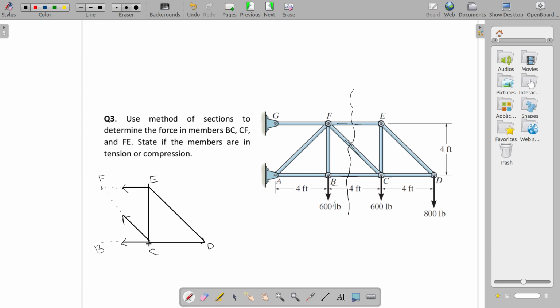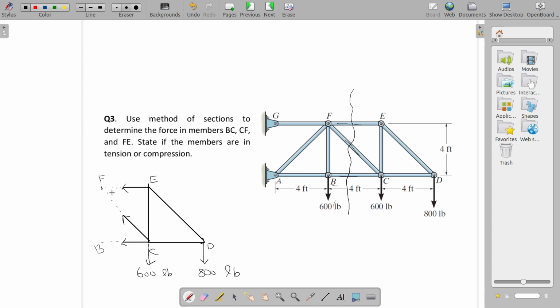You have an unknown force, 600 pound here and 800 pound here. You can convert pound to Newton if you like, or it's not necessary here. You can use pound, but you will get the answers also in pound. That is, these are pound force. Okay, that is the only difference.